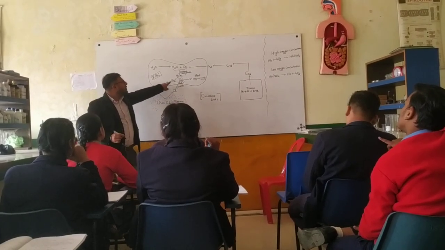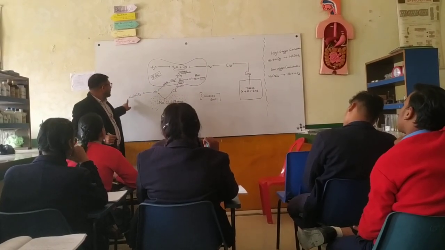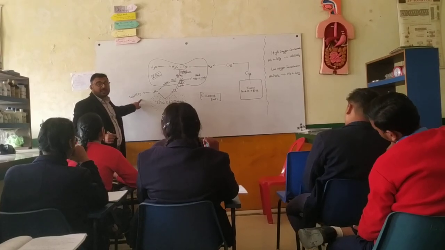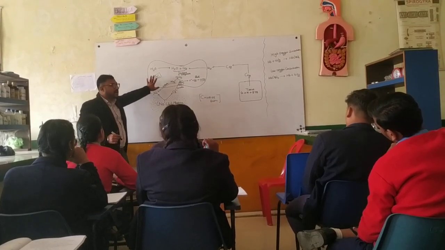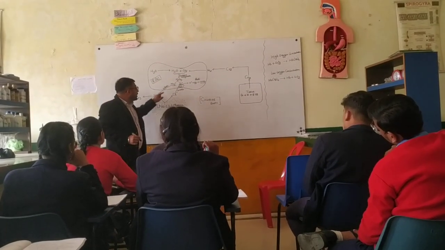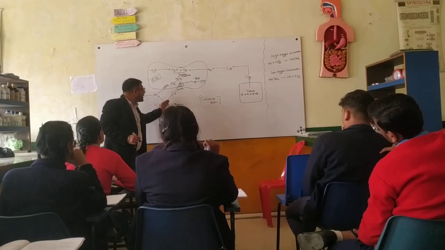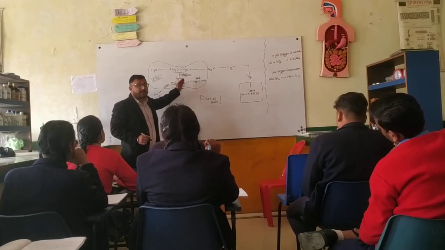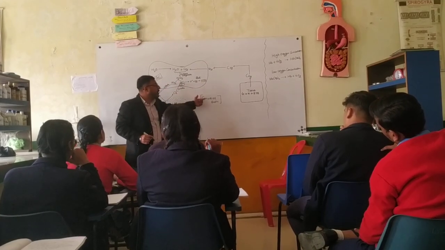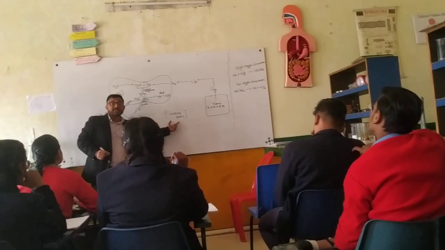This sodium combines with HCO3 and forms NaHCO3 outside the RBC. And when there is a lesser amount of negative charge inside, the chloride moves inside the RBC, and this shift is called the chloride shift.